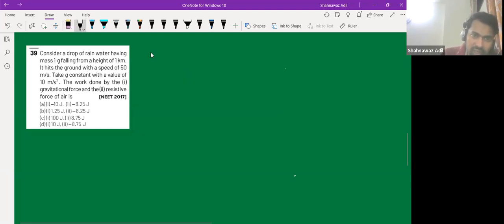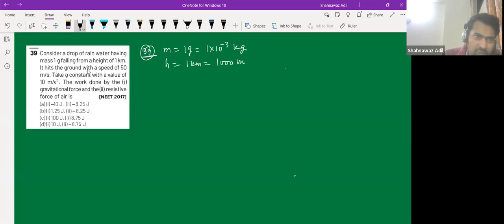So again, what are the given things? Let us first write that. Mass is given, which is 1 gram, which is 1 into 10 to the power minus 3 kg. Height is given, which is 1 kilometer, which is 1000 meters.